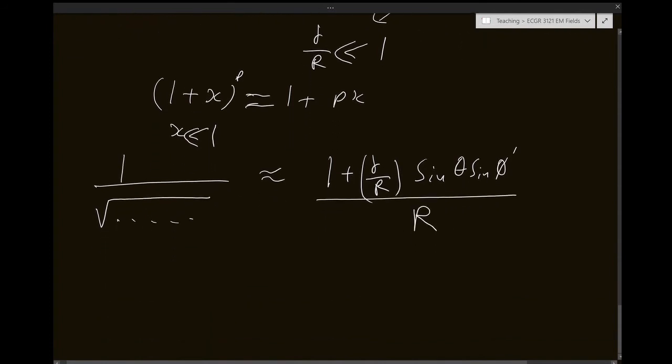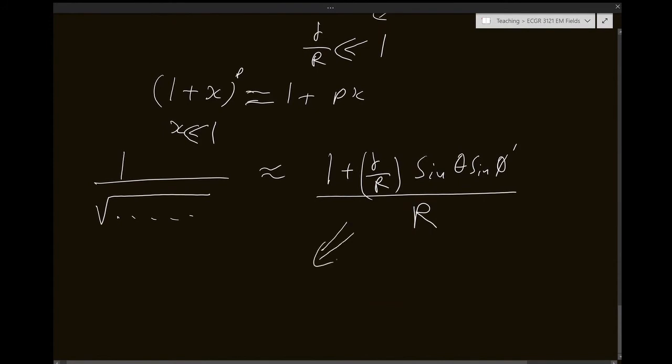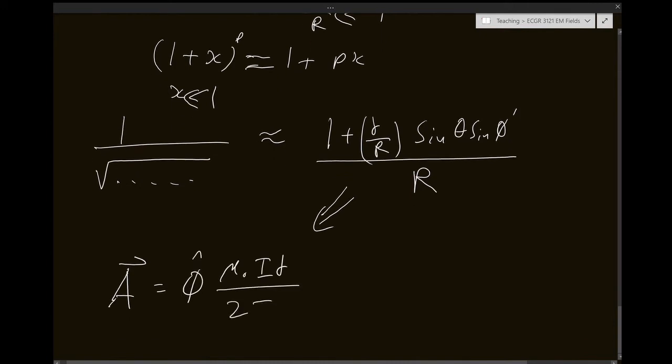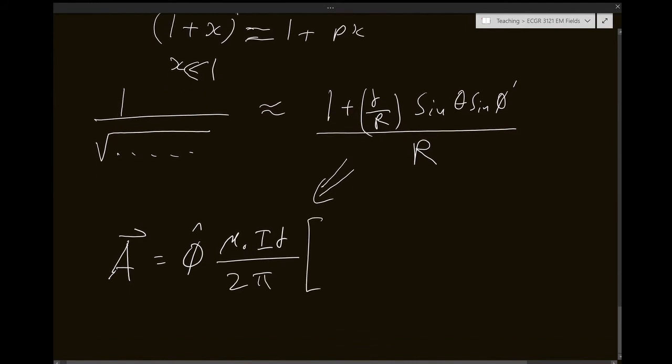Okay, now we can plug this into the integral to evaluate. So remember we had A equals phi hat mu naught I d over 2 pi, and then the integral that we wanted to evaluate.